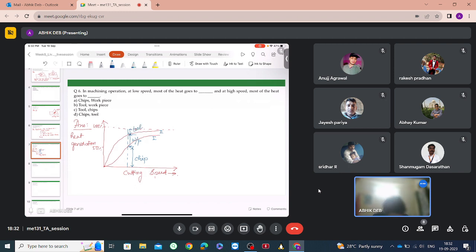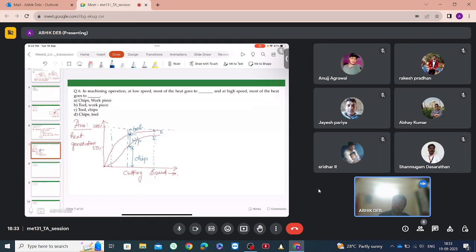So at low cutting speed, if we take a speed value here, then very less heat is dissipated in the chip and maximum heat is dissipated in the tool. And at higher cutting speeds, if we take a cutting speed very high, then maximum heat is dissipated in the chip and very less heat is dissipated in the tool.